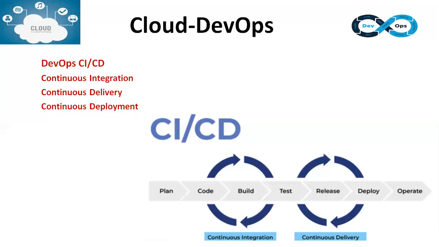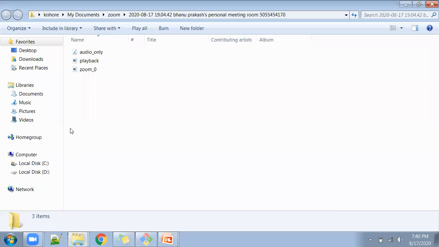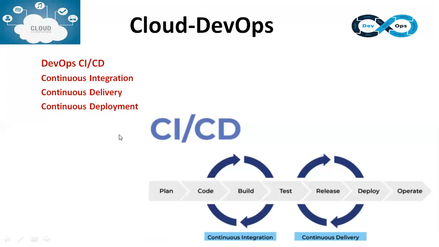In a single day, many developer teams will do a lot of commits to their GitHub repository or Bitbucket or GitLab, any version control tool. Their changes should be built, and tested in a pre-production environment. The changes should look good and they should be happy with that. That is how the cycle will go. The cycle between code, build, test is called continuous integration.